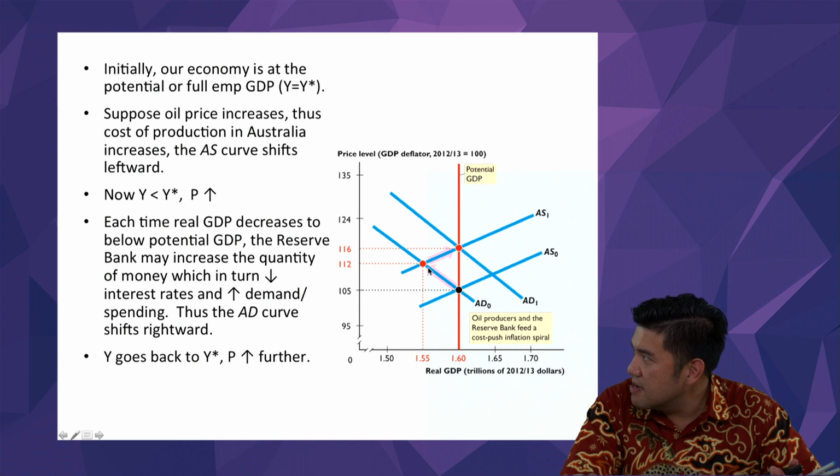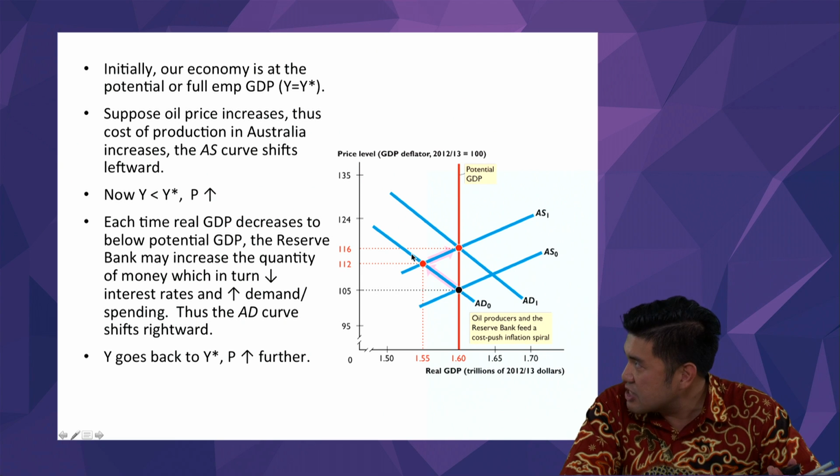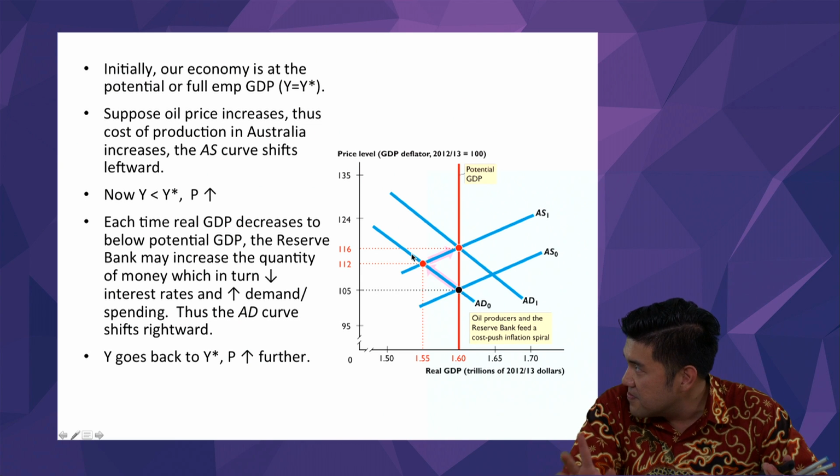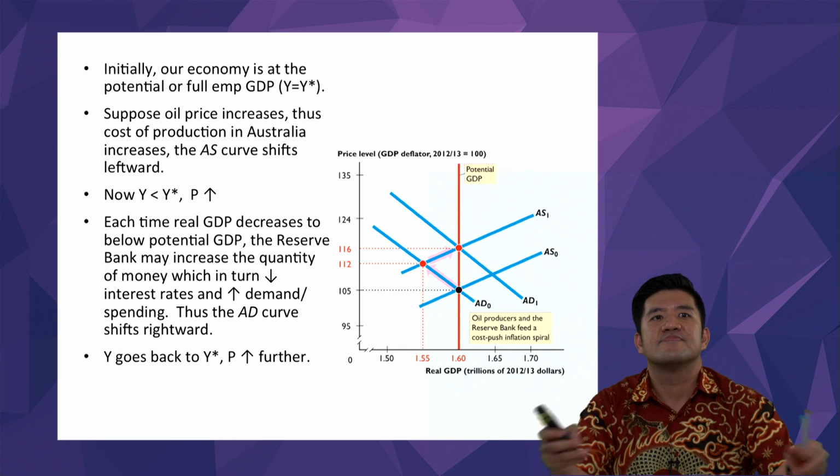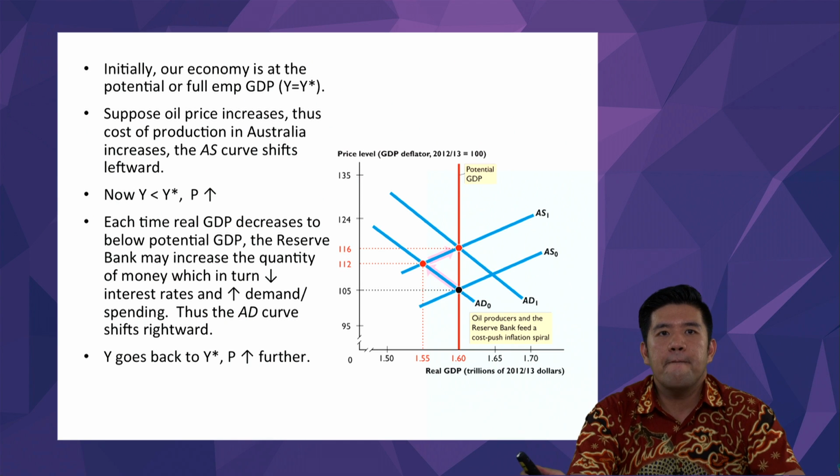What do we call this situation, guys? When price keeps going up and up again here, what causes that in the first place? AS shifting to the left. We call that cost push inflation. Okay?